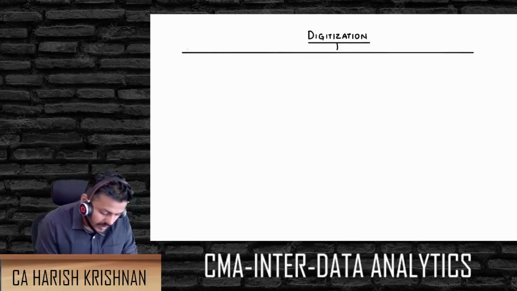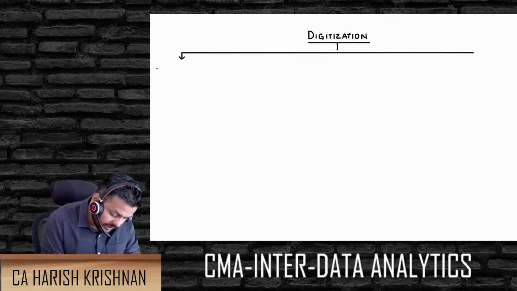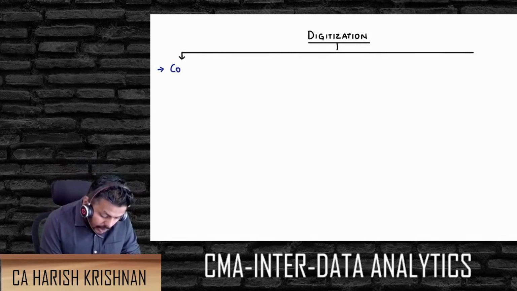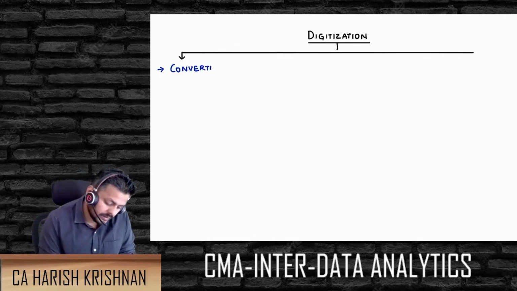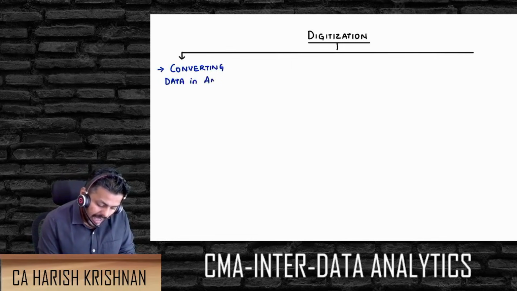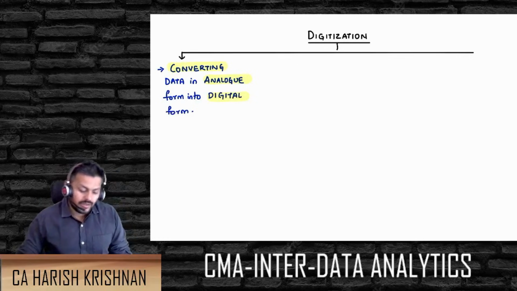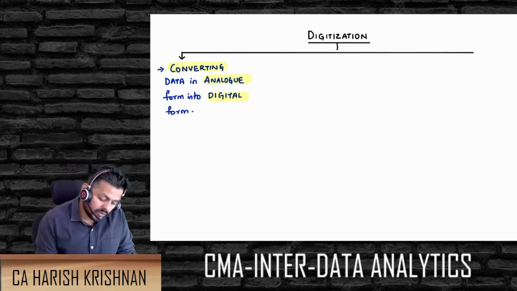The first thing I want you to understand about digitization is what we just discussed: converting data in analog form into digital form. This is the basic definition of what you call digitization.